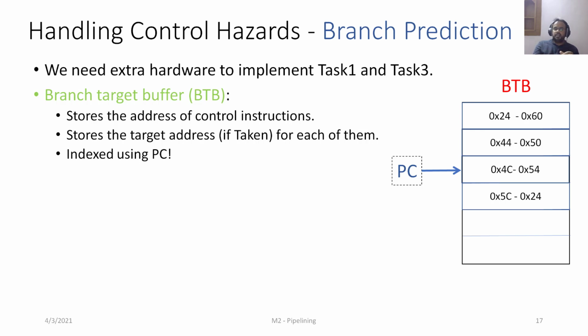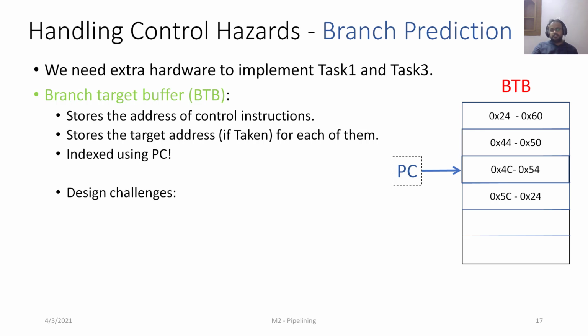If there is an entry, then we would take the target address from there. And if there is a hit in the BTB, meaning that there was a PC match, then we'll definitely know that the instruction we are fetching is a control instruction. That's when the second task, which was the actual prediction of that control instruction's outcome, will take place.